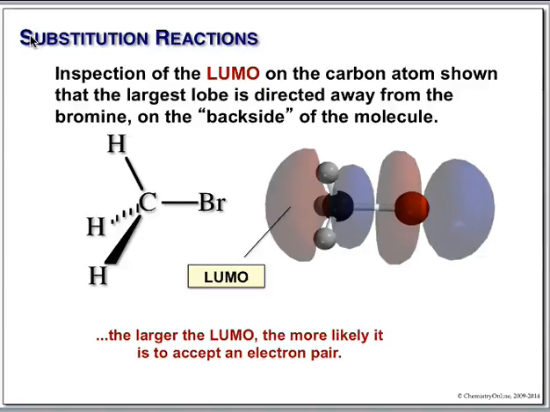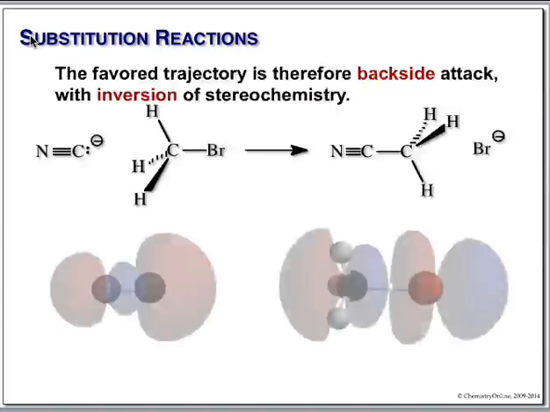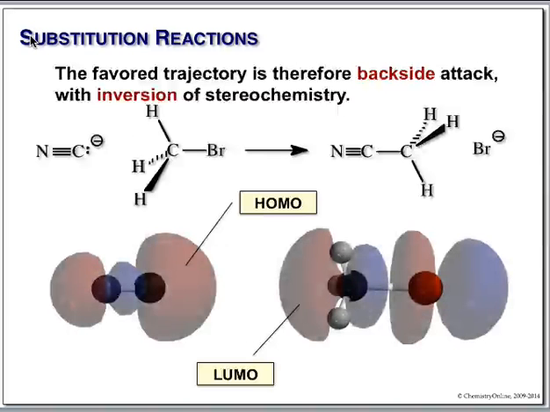So we have two choices, this big lobe and this little one. This would be a front side attack, this is a back side attack. So our prediction here is that for this Sn2 reaction, electrons would simply flow from our big lobe here where they are to the big lobe here where they're not.